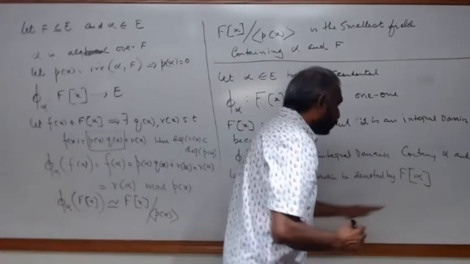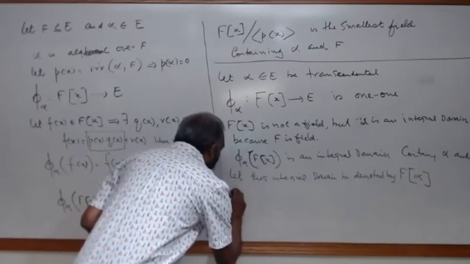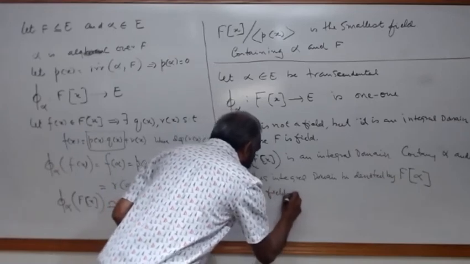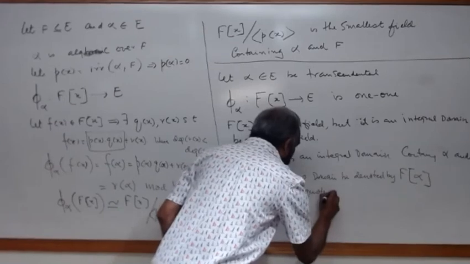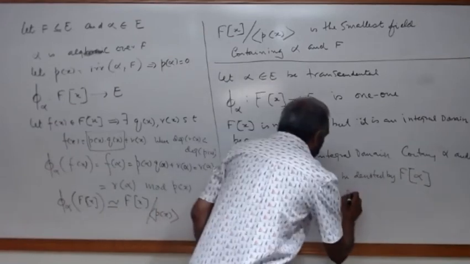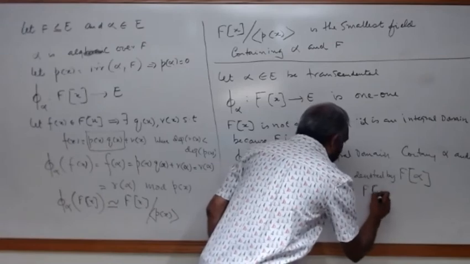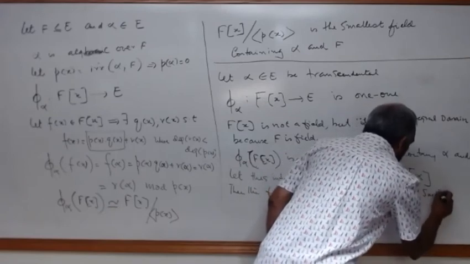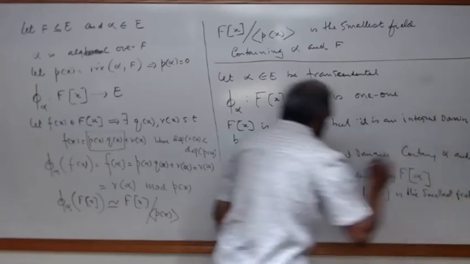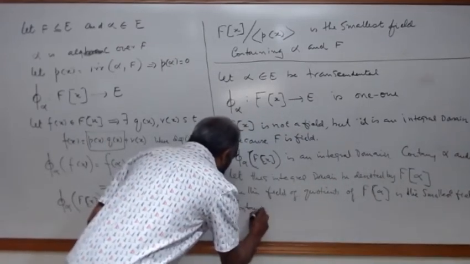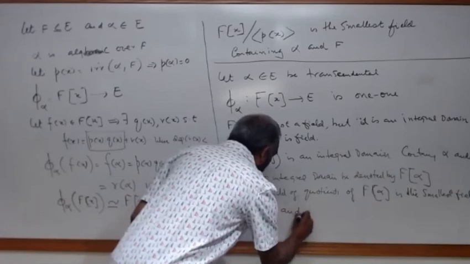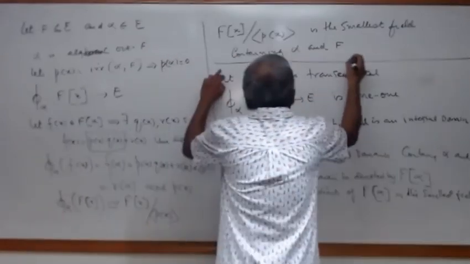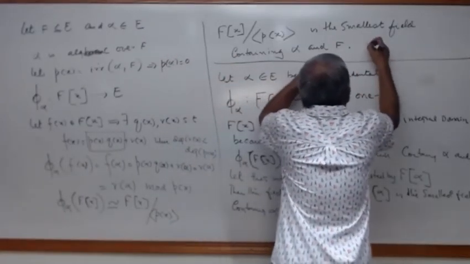So this is an integral domain, so then the field of quotient of F[alpha] is the smallest field containing alpha and F. So in both the cases it is denoted by this smallest field.